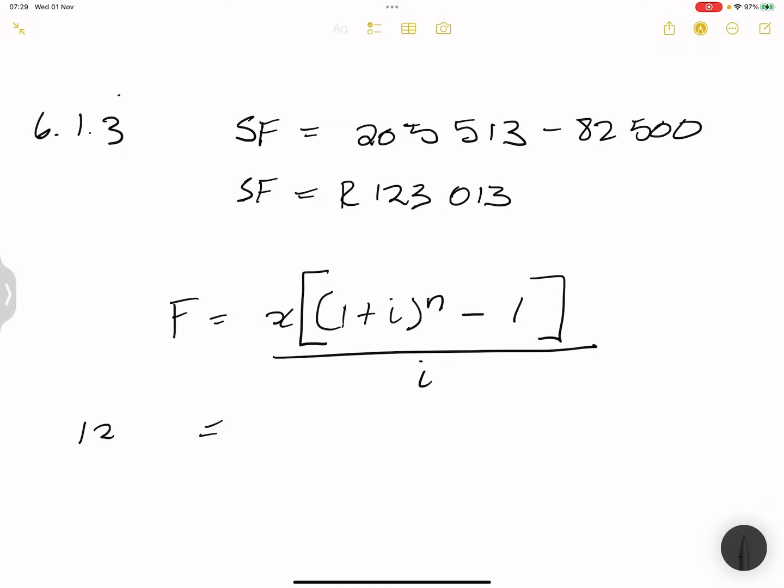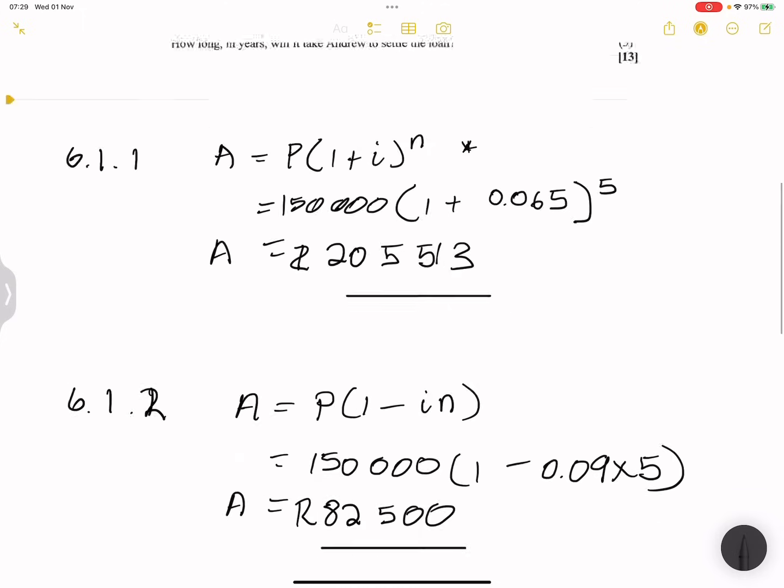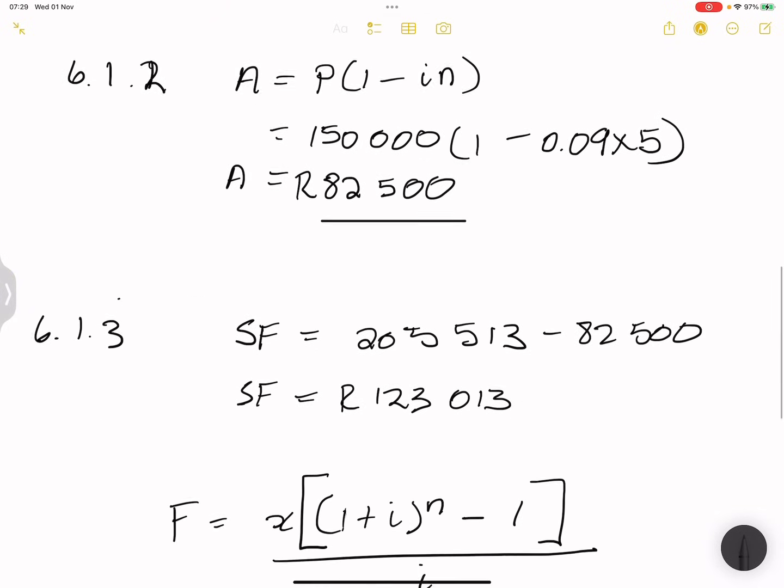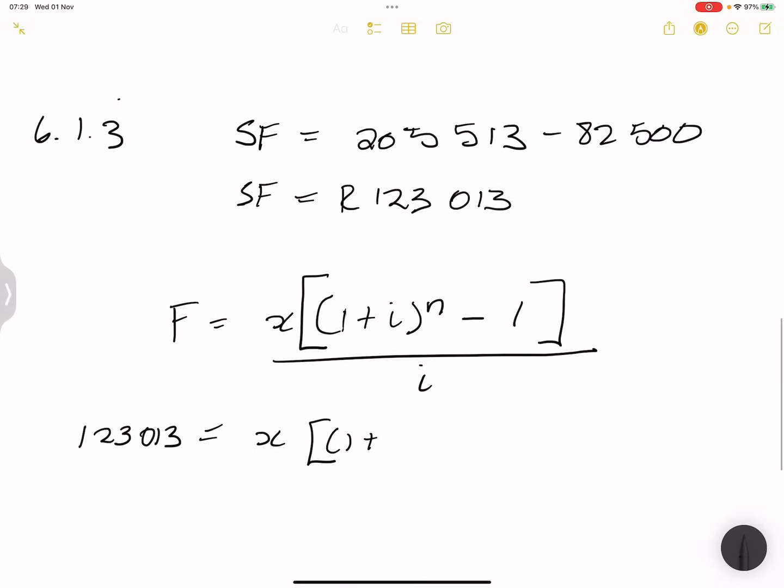So I'm going to say 123,013. We are looking for the value of x, and this would be 1 plus, remember our interest value was 7.85, so divide that by 100, that would be 0.0785.